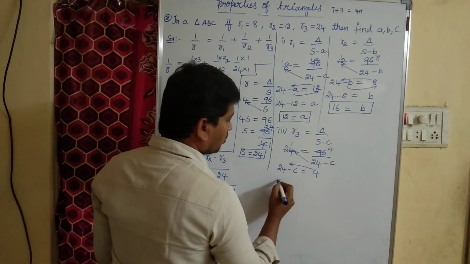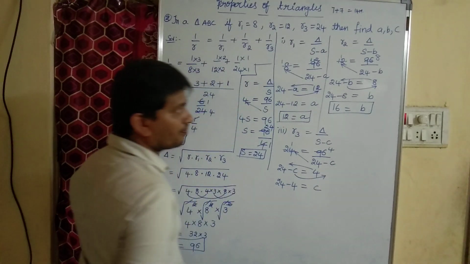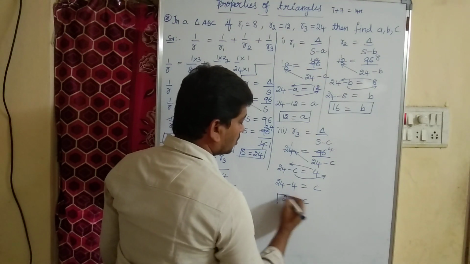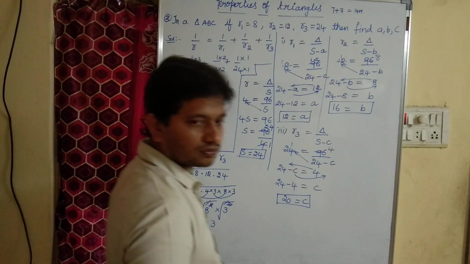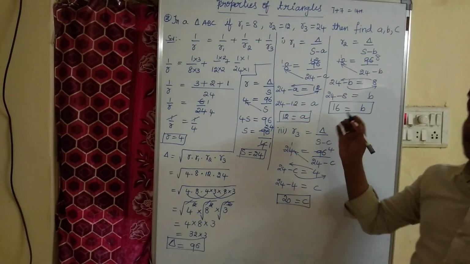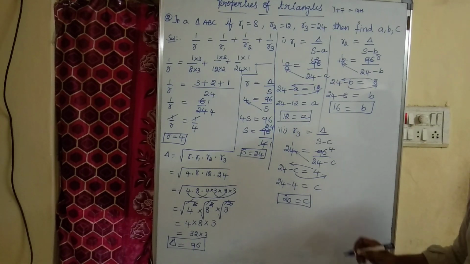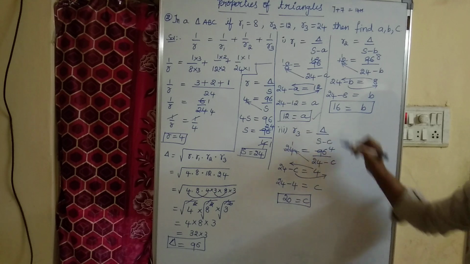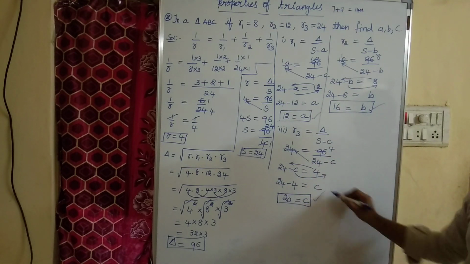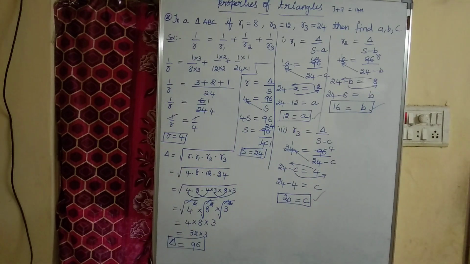Minus C, 4 you transpose: 24 minus 4 equal to minus C you transpose, it will become plus C. So 24 minus 4 is equal to 20. Children, did you understand? In this question, they are asking to find the values of A, B, C. We got A value 12, B value 16 and C value 20. So this is our second problem.